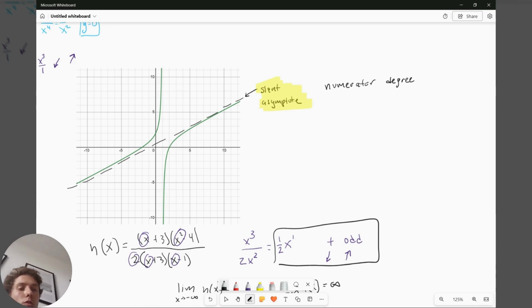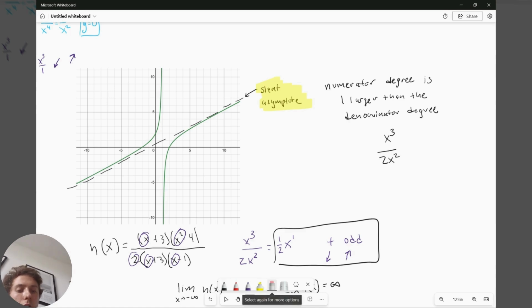So the numerator degree is one larger than the denominator's degree. That is when you get a slant asymptote. So just like this example we just saw, it was x cubed over 2x squared. Notice the top of that, the degree on top, is one larger than the degree on bottom. You will always get a slant asymptote.